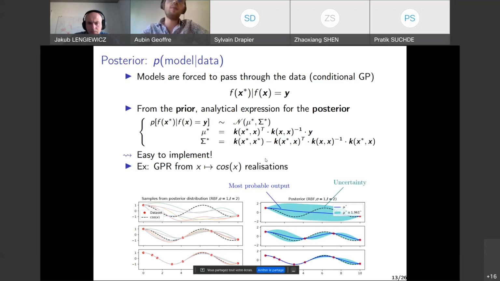The probability of the model at a given input, knowing the constraints forcing the models to pass through the data, follows a Gaussian law. So we have to imagine here a Gaussian distribution, and from it the mean value and standard deviation can be expressed really easily with this formula.